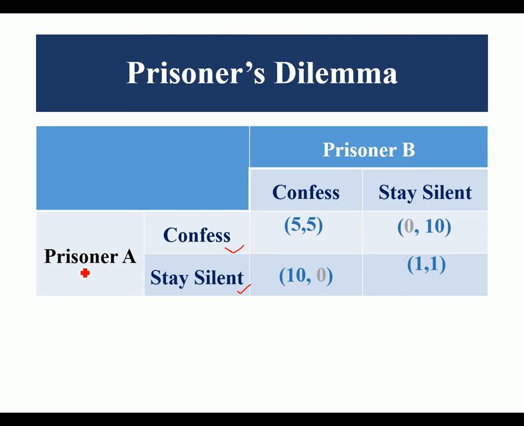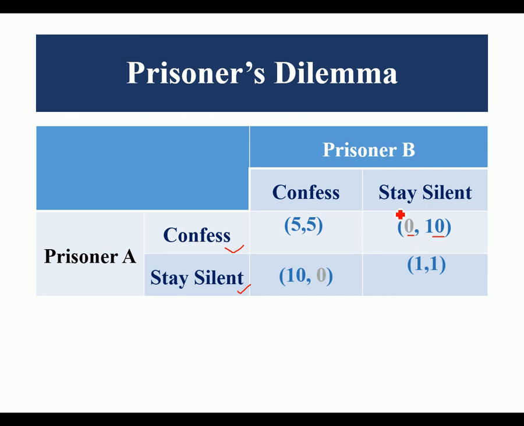Police go to A and provide a deal such that if A confesses and B remains silent, then A is freed and B is sentenced to 10 years of imprisonment.